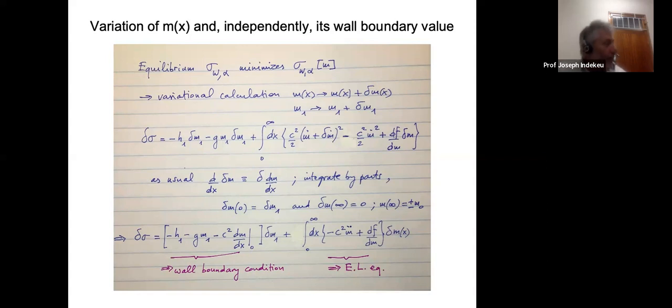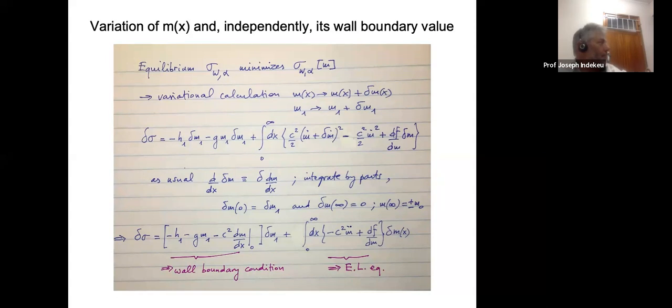Or you could say, and this is of course a very important conceptual step, let's do this in two stages. Let's first pretend we fix the wall value, and then obtain the optimal surface free energy using the Euler-Lagrange equations for the profile that satisfies the bulk boundary condition.